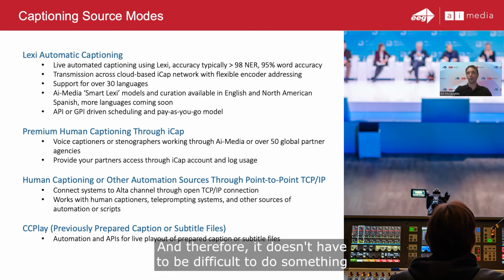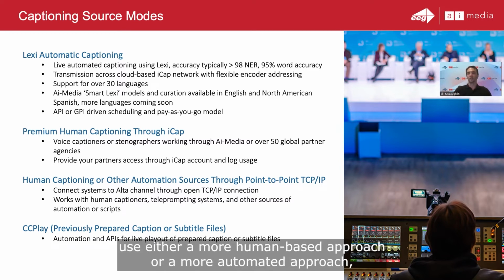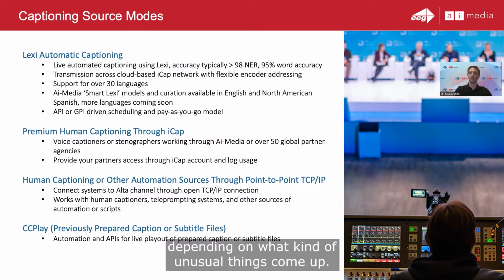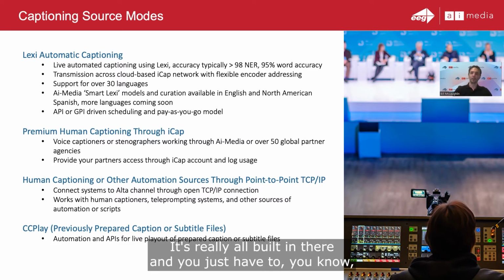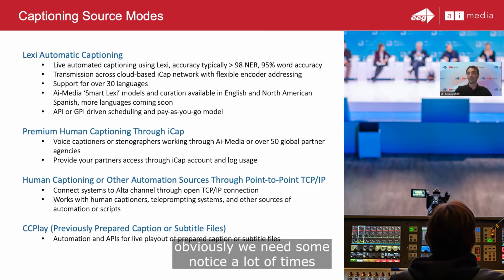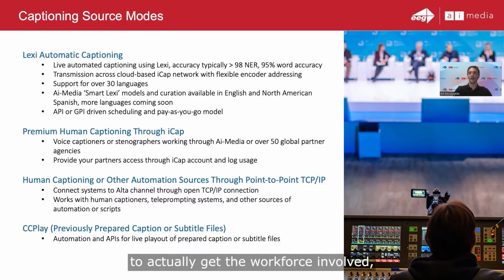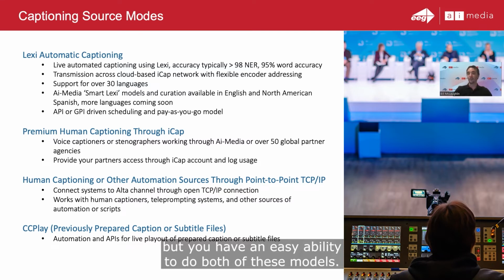And therefore, it doesn't have to be difficult to do something on a one-off basis when there's a special need to use either a more human-based approach or a more automated approach, depending on what kind of unusual things come up. It's really all built in there, and obviously we need some notice a lot of times to get the workforce involved, but you have an easy ability to do both of these models.